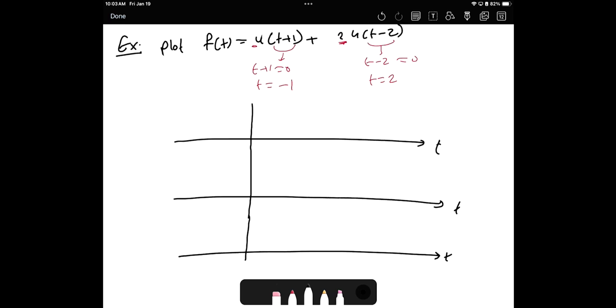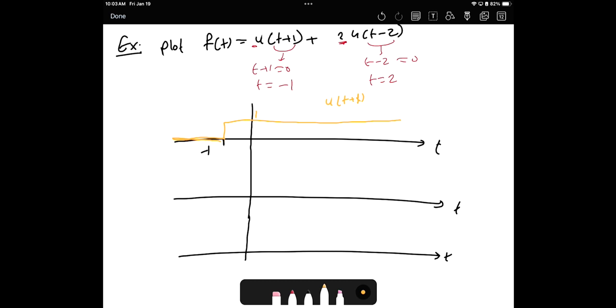Okay, let's start with u of t plus 1. We said the switch is at t equals negative 1. So it will be 0 before t equals negative 1, then it will be 1 after this time. After that, the other one, which is u of t minus 2 times 2.